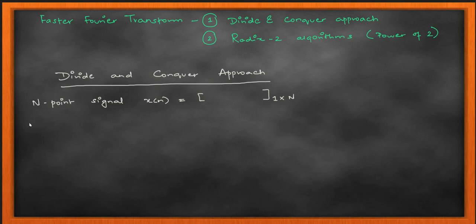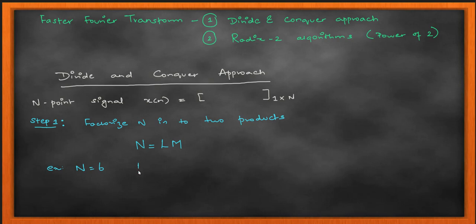The idea is very simple. In the divide and conquer approach, we are going to factorize your signal. Let's say you have a 6-point signal. I'm going to factorize it into 2 and 3, so a 2-point and a 3-point. Then I'm going to compute the 2-point DFT 3 times and the 3-point DFT 2 times. I don't want to over-confuse you at this point, so let us just say my 6-point signal is factorized into L and M, which is 2 and 3.